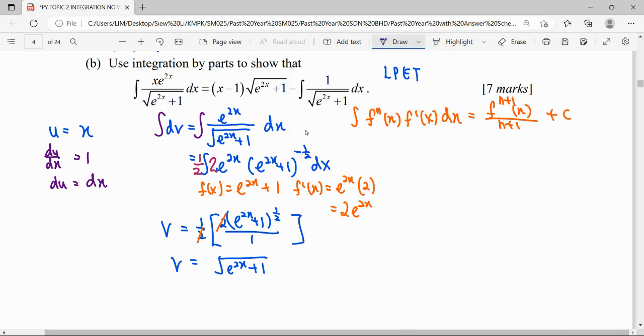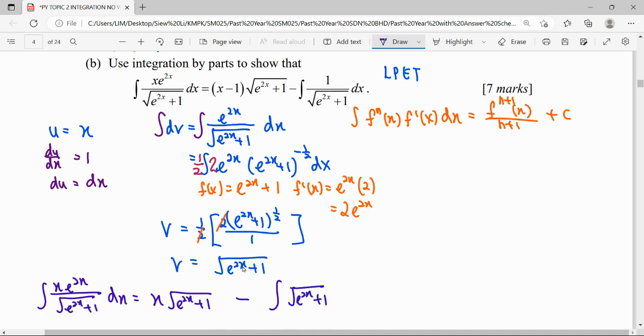Then we proceed to our formula of integration by parts. When we're using integration by parts, it will be uv minus integral of v du, where our du is dx.